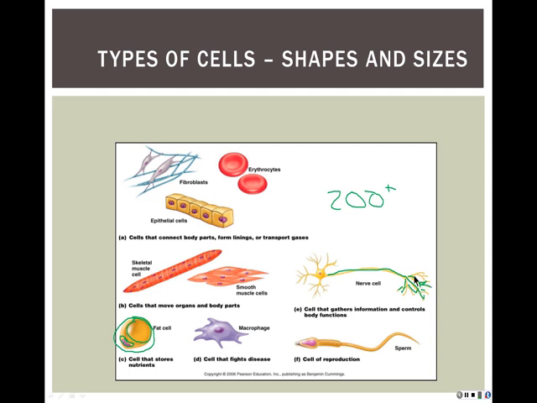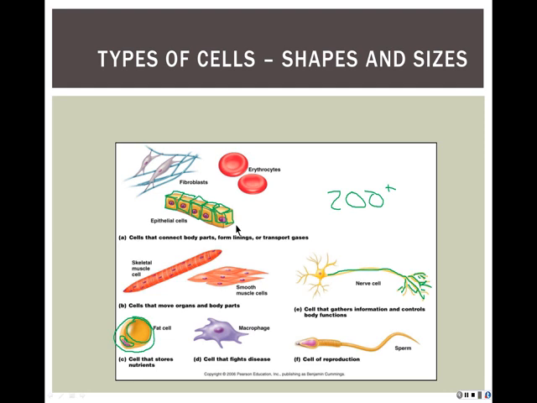Of the 200 plus different kinds of cells in the body, we have some cells with very long, skinny projections, like the nerve cell. In fact, some of the nerve cells, these long, skinny parts, these axons here, could be as long as your thigh. Actually, a few of them are even longer than that. So sometimes that little long projection is really long. You have little boxy, cube, square kinds of cells.